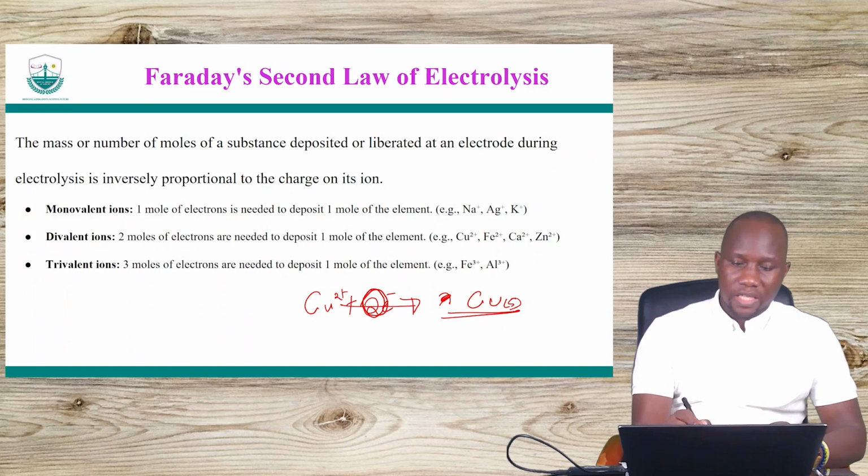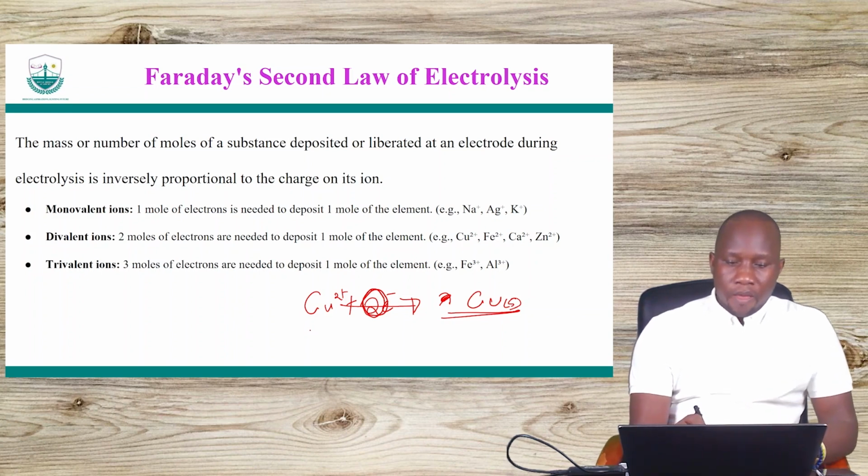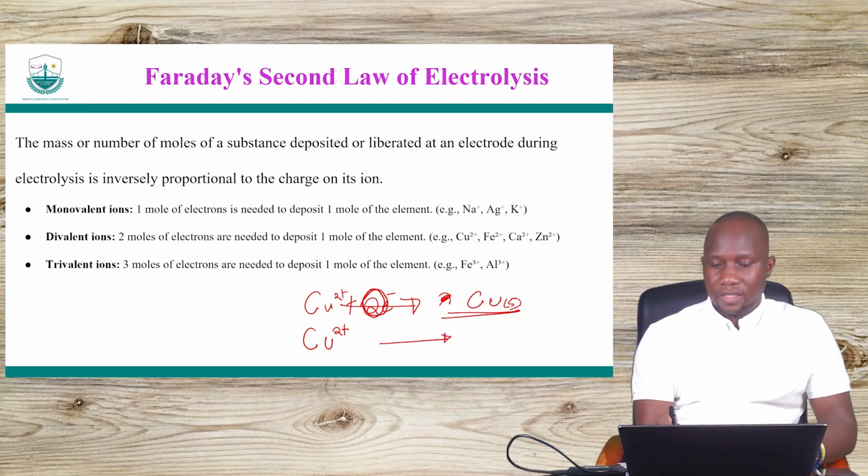If I can write it again, for you to have copper ions converted into copper solid, you need to add electrons here. The charges need to balance, so you put a 2 here.